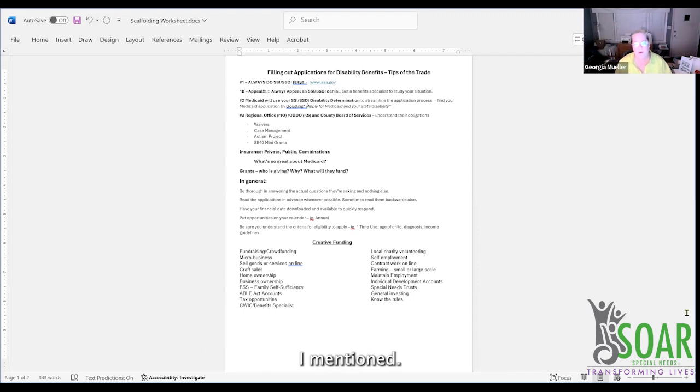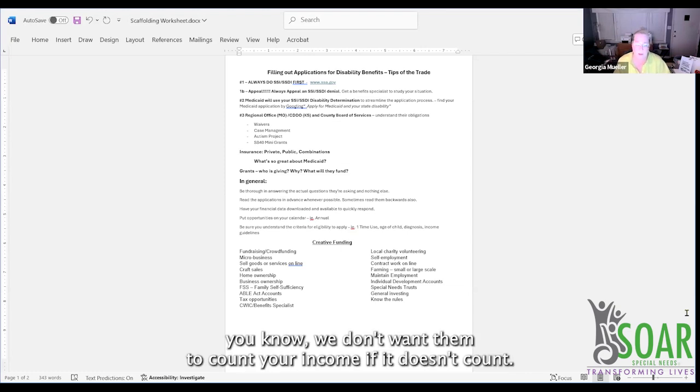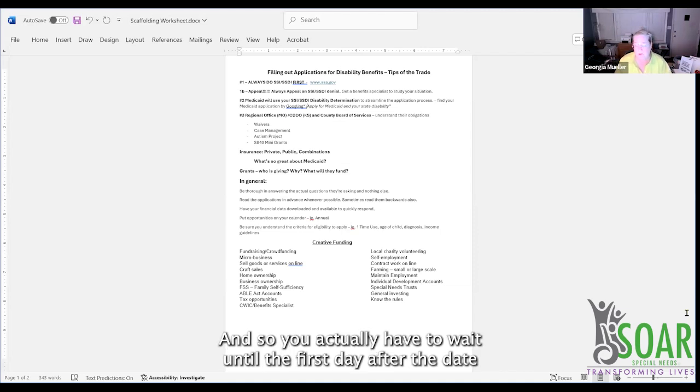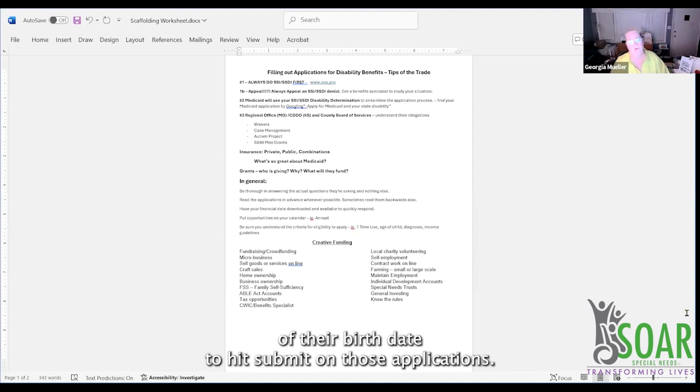What was I saying? Oh yeah, on Social Security and Medicaid, if you are waiting to apply in part due to your child exceeding their income guidelines, and we don't want them to count your income, you actually have to wait until the first day after their birth date to hit submit on those applications.